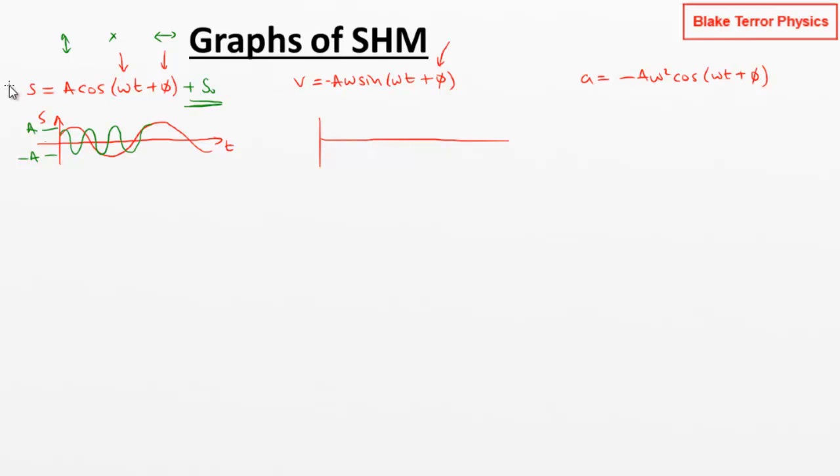Just comparing the graph of displacement to velocity, we've got another pi by 2 phase shift. So we'll be shifting everything along by pi by 2. We're going to start in a different place on this. We're starting positive and we're quickly going negative. We'll be comparing it to the original graph.